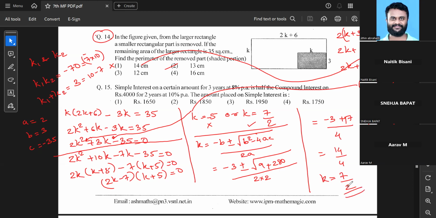Sir, can we solve this by using quadratic equations? Yes, I have solved this using quadratic equation only. Any sum which can be solved using this formula can be solved using the factorization method also. Both will give you the same answer, every sum at your level, because at your level you will get fixed roots.